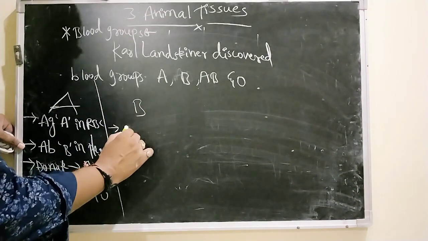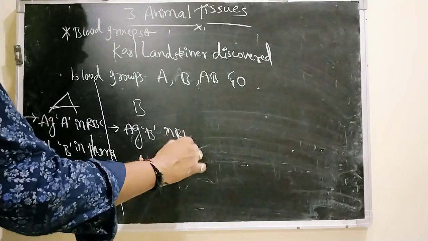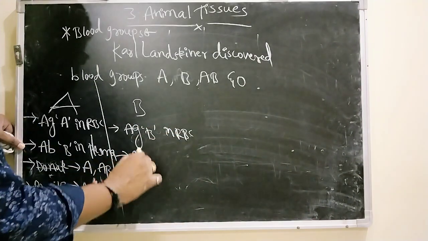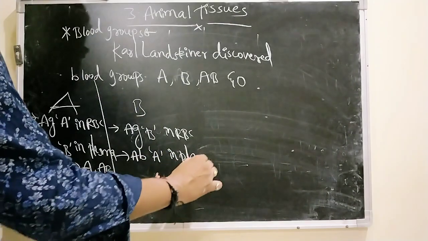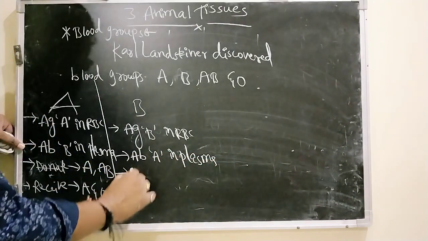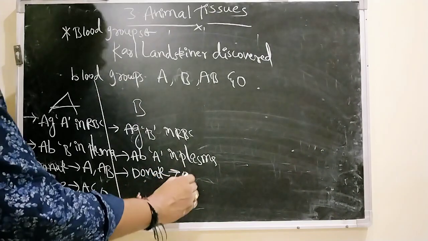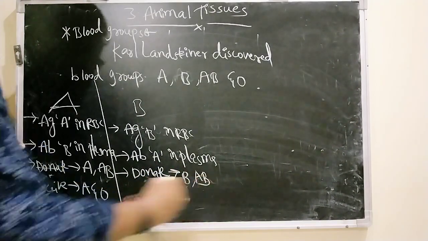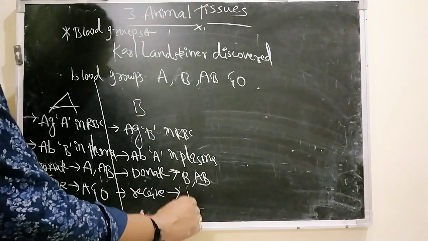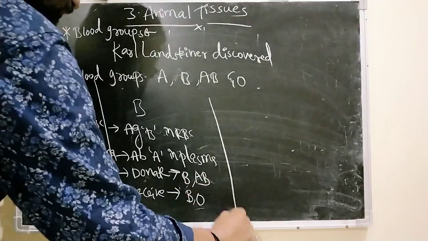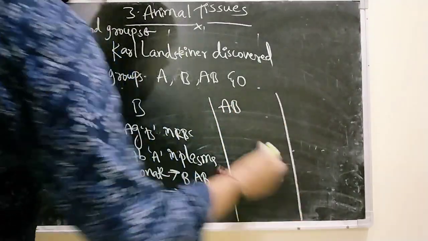B blood group persons contain antigen B in RBC, antibody A in plasma, can donate blood to B and AB, can receive from B and O group.